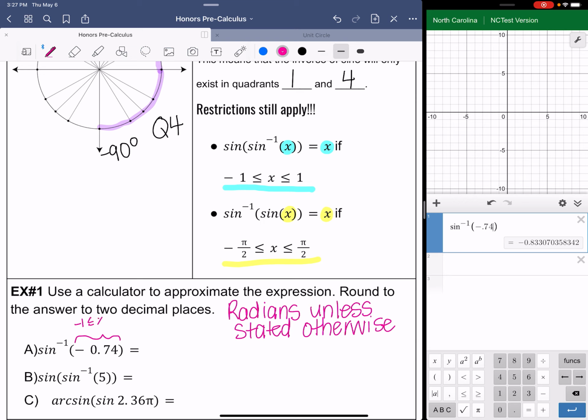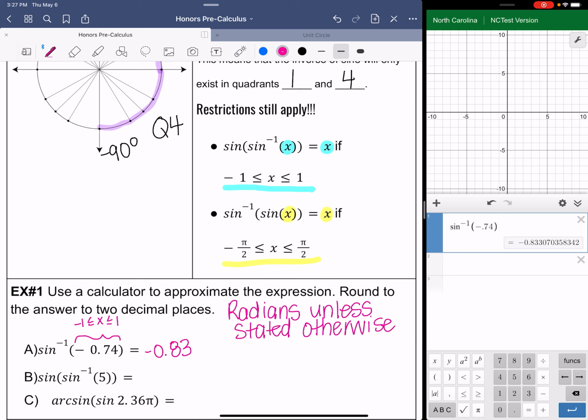So because it's between -1 and 1, I know that I'm going to get an answer, which is going to be 0.83 radians. Okay, so that's radians, the radians is what we're putting in, and 0.83 is your actual angle measurement that they're looking at.